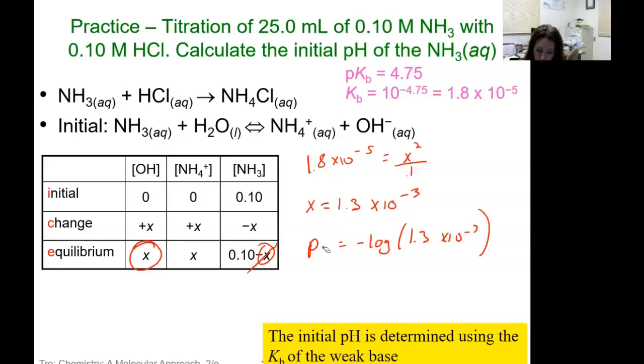So this is actually the pOH we're finding right now. Keep your eye on that. A lot of times we just forget what we're doing, but you need to remember this is a base. If you just did the negative log of this, you're going to get around 3-ish. You should go, oh, I have a base, something has gone wrong. I should have a number greater than 7 here.